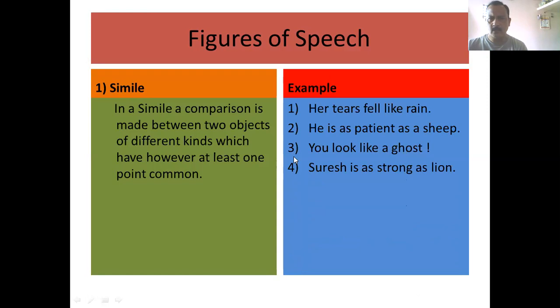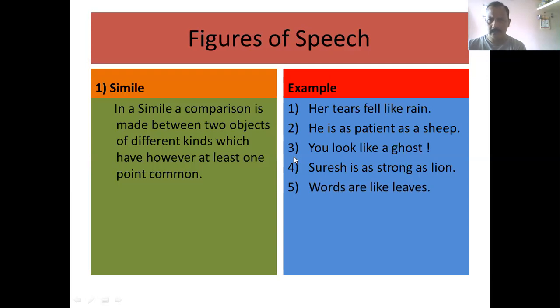So here also you will find that simile is there. Then the last example, words are like leaves. Here words and leaves are compared, and this comparison is shown by like.